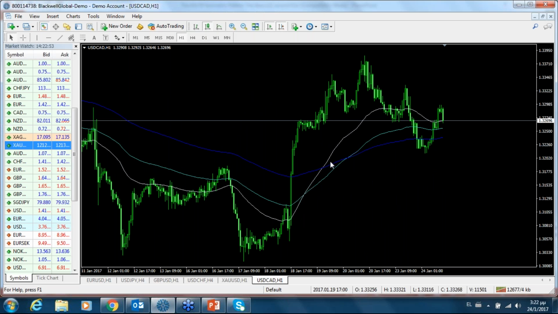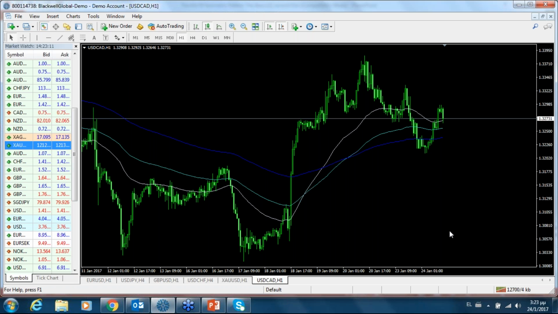Another thing to notice as well is that if you find candles in between all the lines, they are not above all the three lines or under the three lines, that means it's a bit uncertain. When you are in doubt, you need to stay out of the market. It's probably the best thing to do because it's not giving you a clear signal in terms of trend.